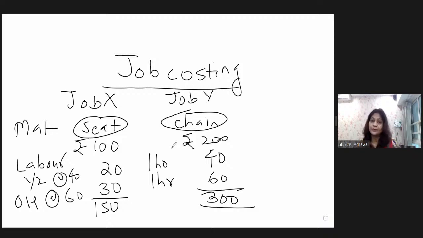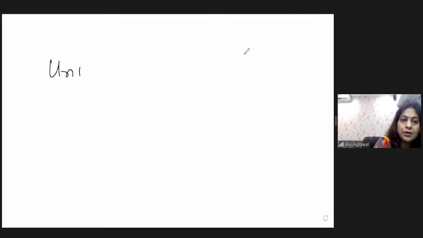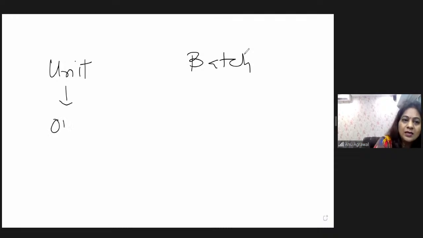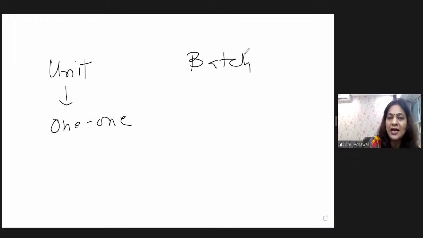That's job costing. And when I talk about unit costing or when I talk about batch costing, the only difference is it's a similar product, right? It's a repetitive process. But only thing is in unit costing, one good comes into existence, and in a batch, at least, more than one.